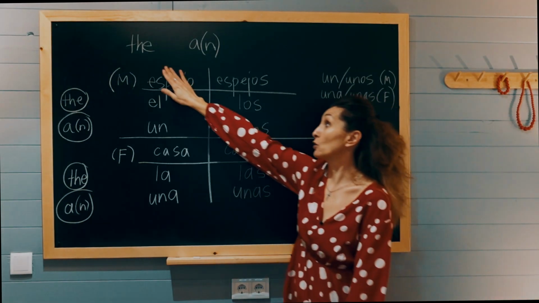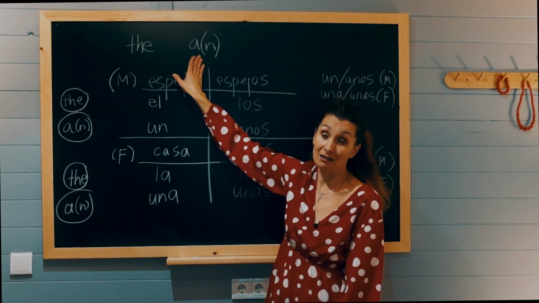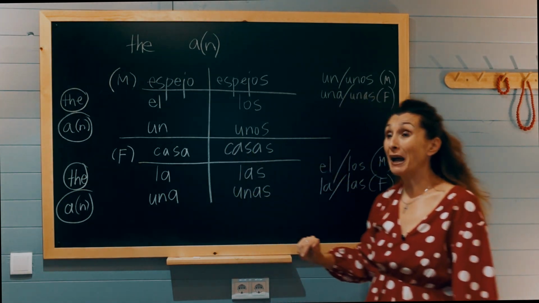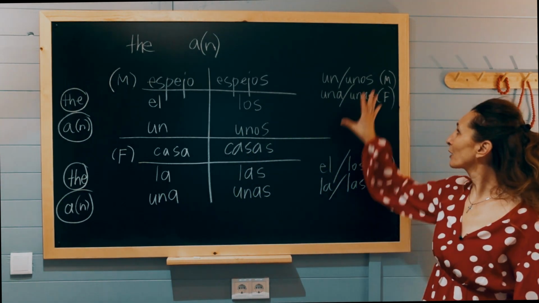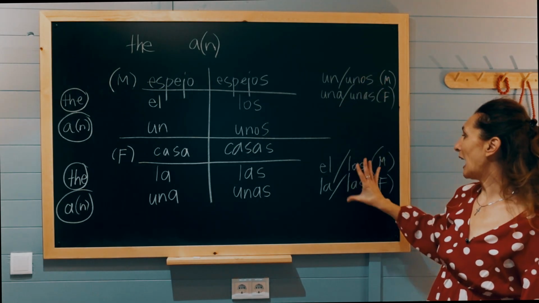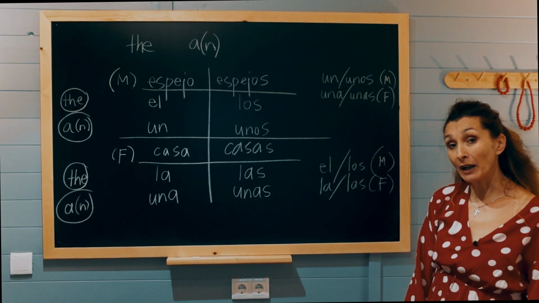So in English we are dealing with 2, "the" and "a" or "an." In Spanish we have 8, 4 indefinite and 4 definite articles. Why?